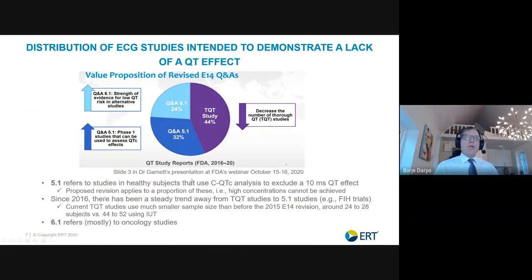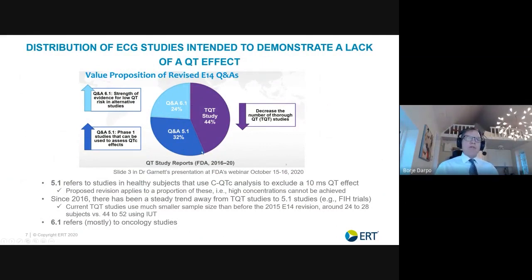Around a third of the studies were 5.1 studies, so first-in-human studies on which concentration serial ECG monitoring was paired with PK sampling. And 6.1 studies are the same as oncology studies, roughly a quarter of the studies.